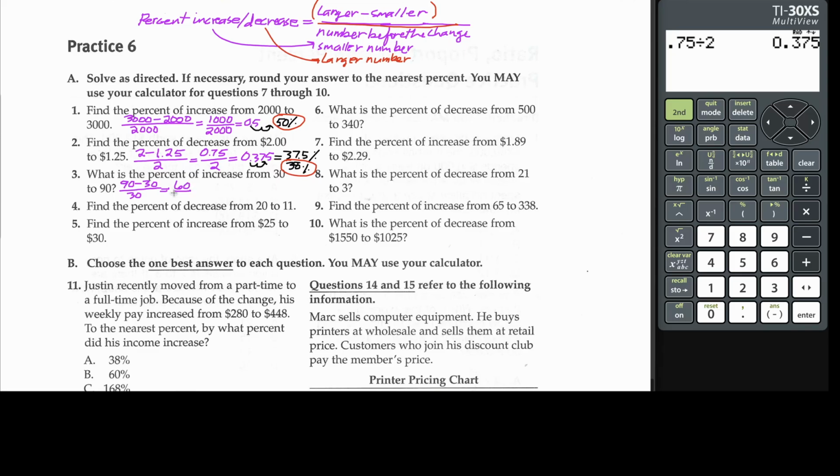Divide by 30. That should give you 2. When you divide and you get 2, then you need to move the point twice to the right. That means you need to add 2 zeros. And the answer is going to be 200%. Circle that.